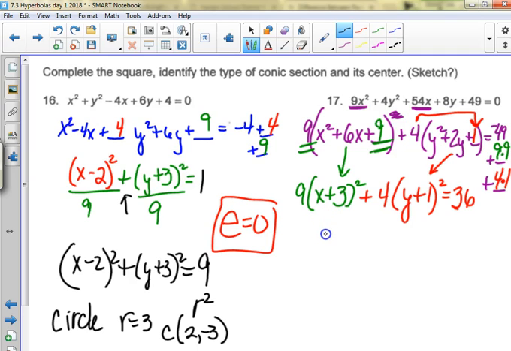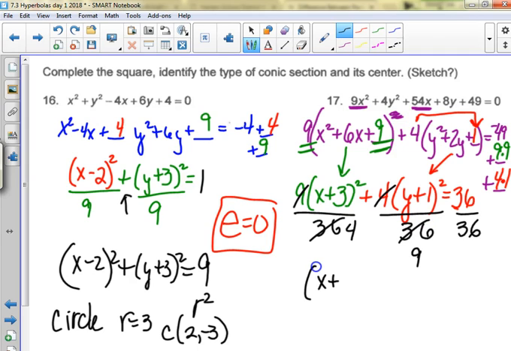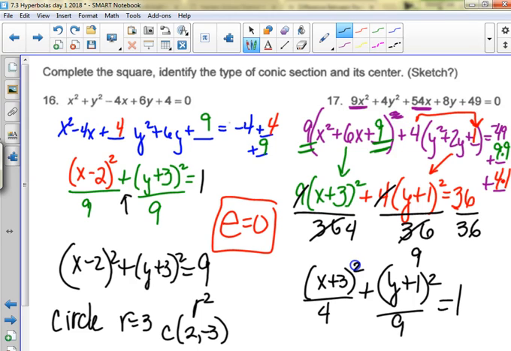Now, because it has squared and a plus in the middle, it's a circle or a hyperbola. I'm pretty sure because there's a 9 and a 4, it's not going the same in both directions, right? 9 goes into 36 4 times, 4 goes into 36 9 times. So I end up with x plus 3 over 4, y plus 1 squared over 9 equals 1.